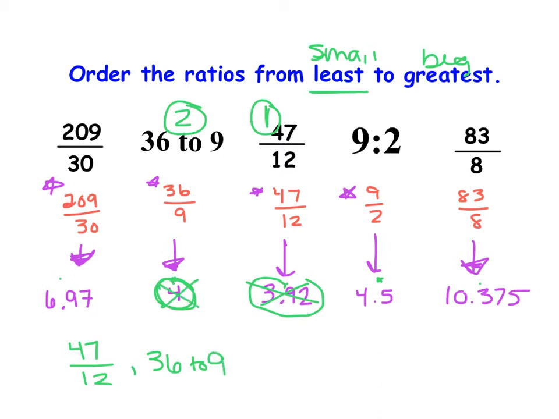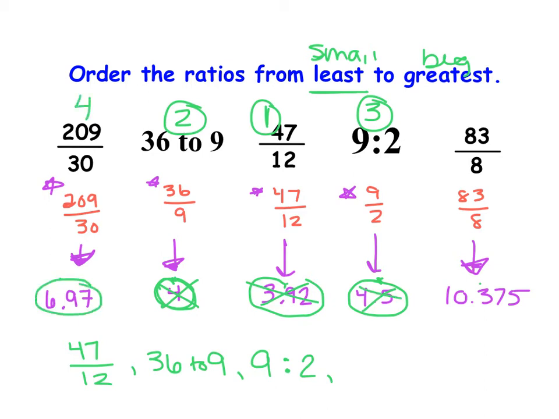I then notice my next smallest is my other number containing a 4, so that's 4.5. So that would make 9:2 my third smallest ratio. So that comes next, 9:2. I can then see that my next smallest would be the 6 right here.